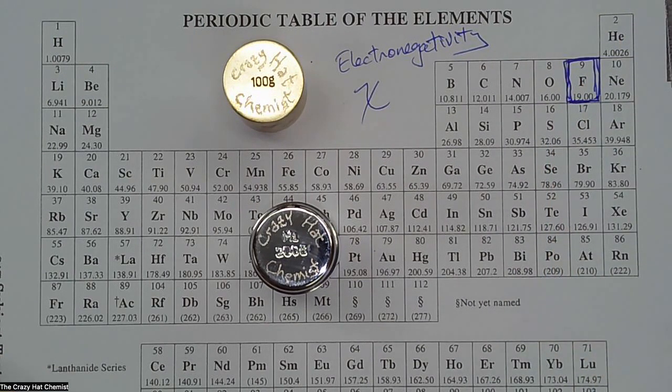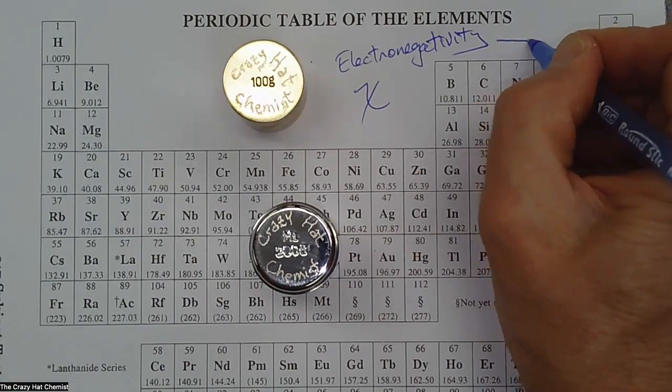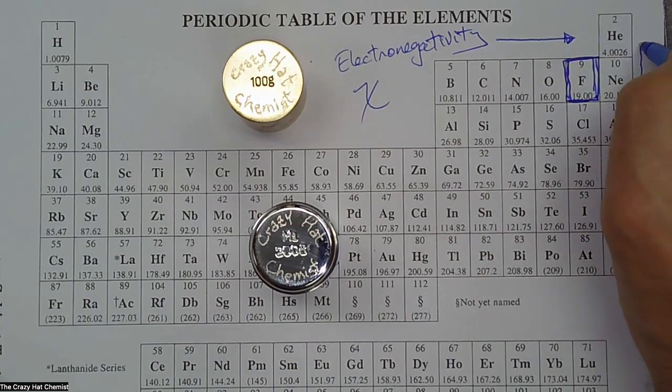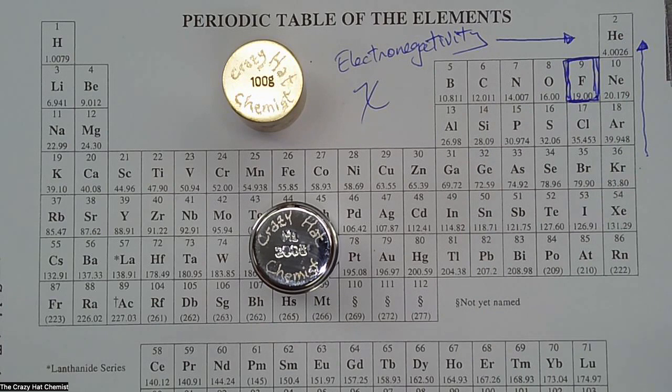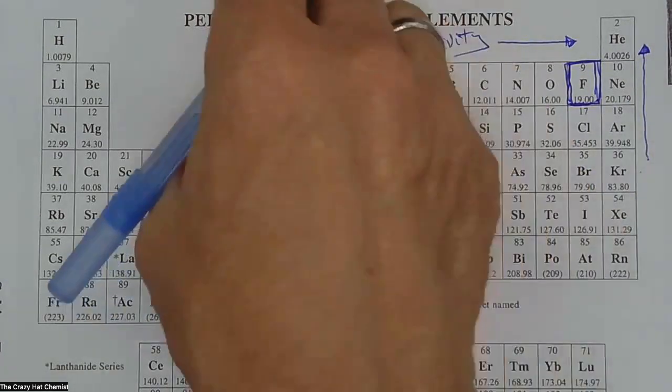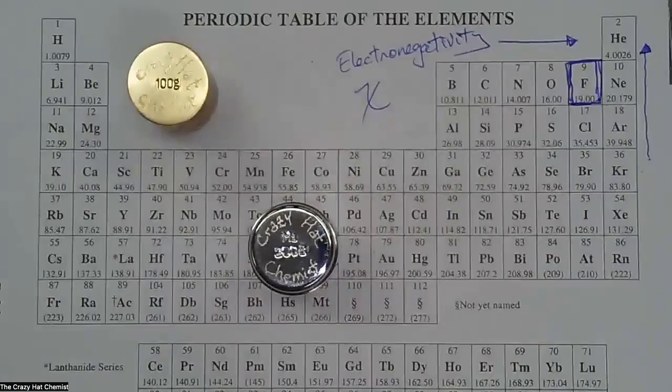And being that this is the largest, the trend going to the right within the same period has the larger value, and coming up within the same group has the larger electronegativity value. So as you go to the right within a period, it gets larger. As you go up a group, it gets larger in electronegativity value.